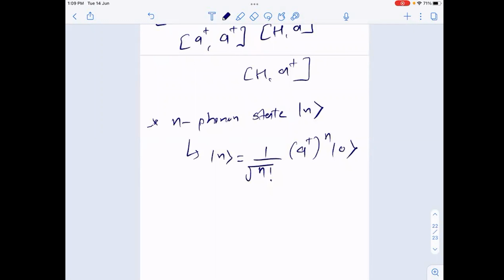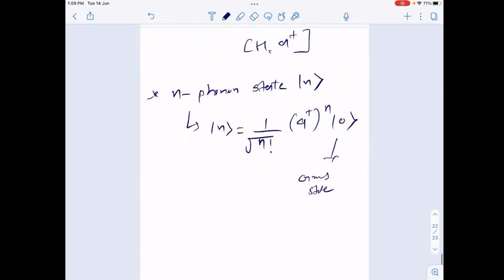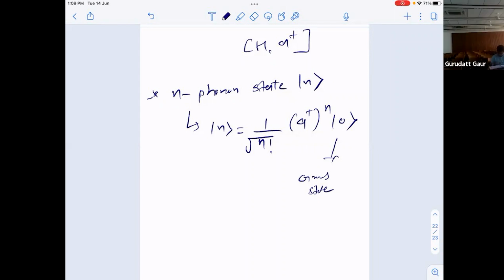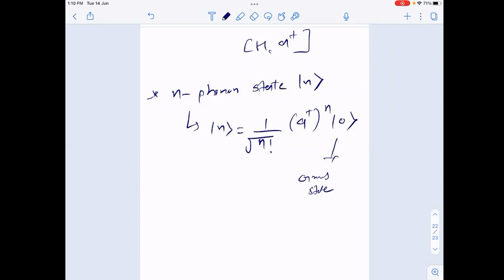A dagger is your creation operator for the phonon, and |0⟩ is the ground state, right? So which is the 0 phonon state of the oscillator, that is your zero point energy, right? So you have to show that this is the equation for the ground state, 0 phonon state of the oscillator. Can you do that using the creation operator? Yes, sir. Okay, so these are the 2-3 simple problems, and I can give the solutions if you require them, right? Very simple to prove.